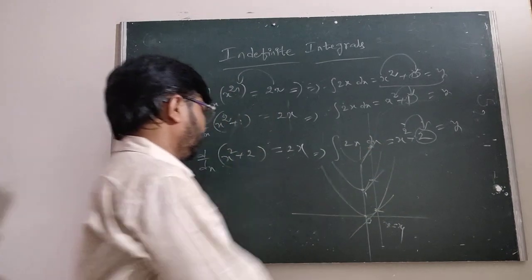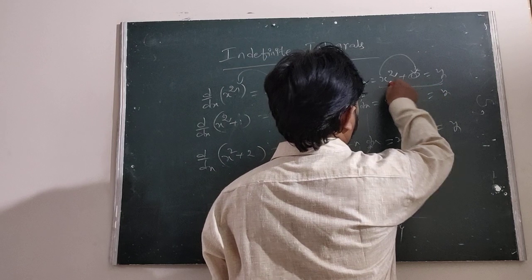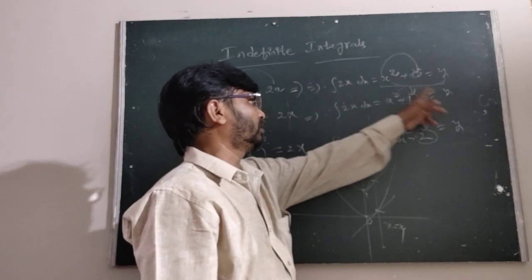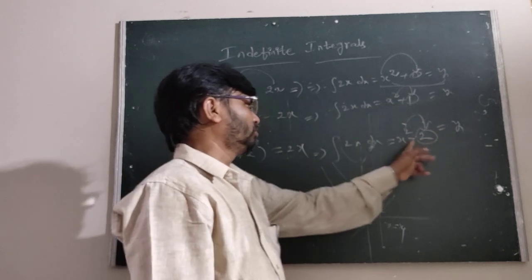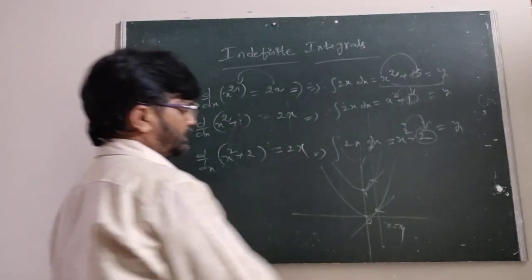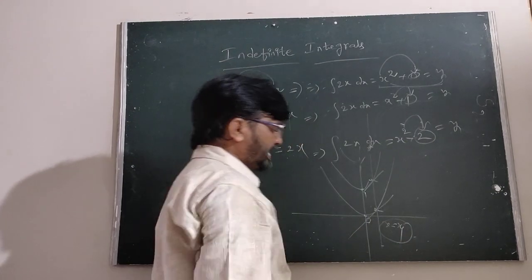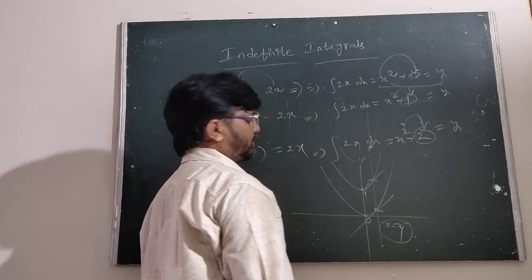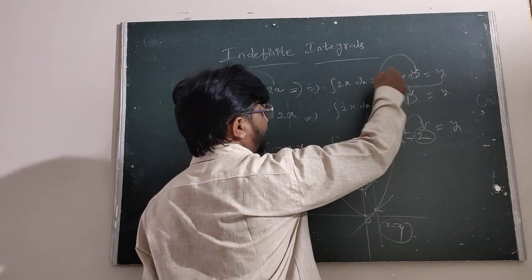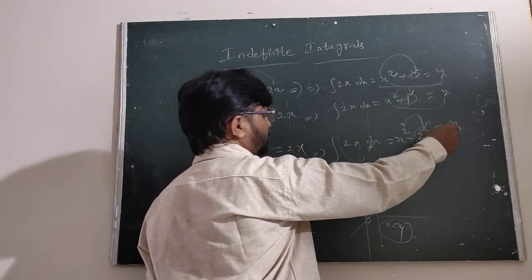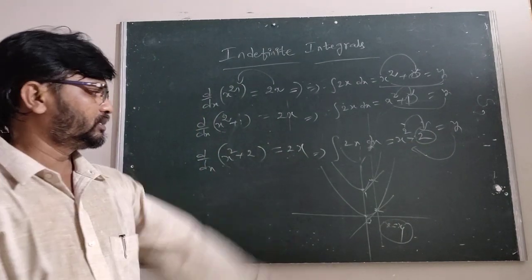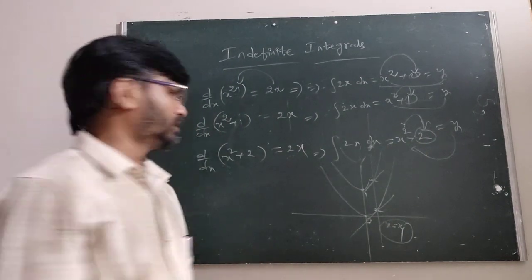So the tangents at x equal to x1 to the family of curves y equal to x square, y equal to x square plus 1 and y equal to x square plus 2 are parallel. This is the geometrical interpretation.